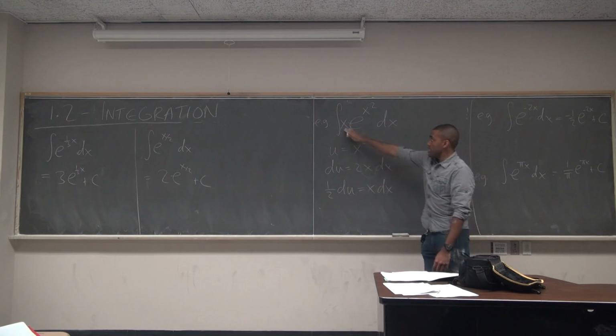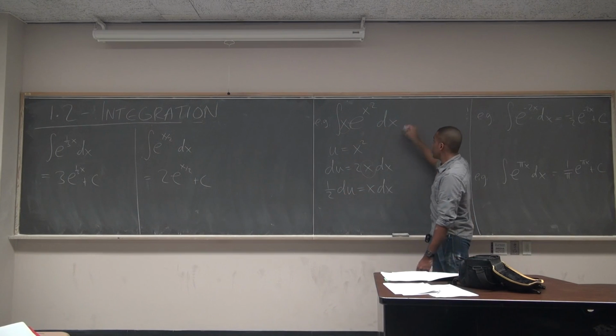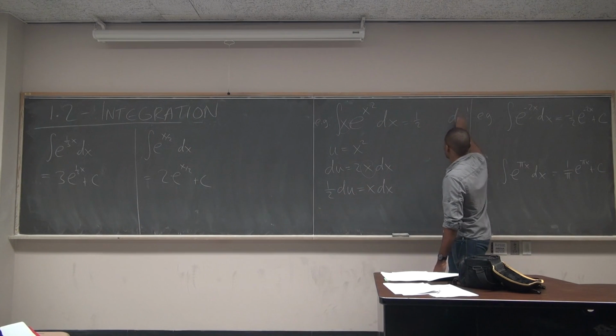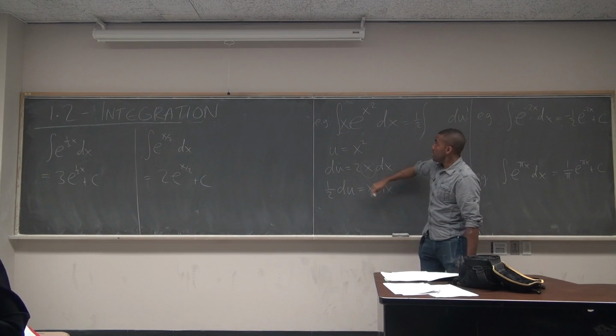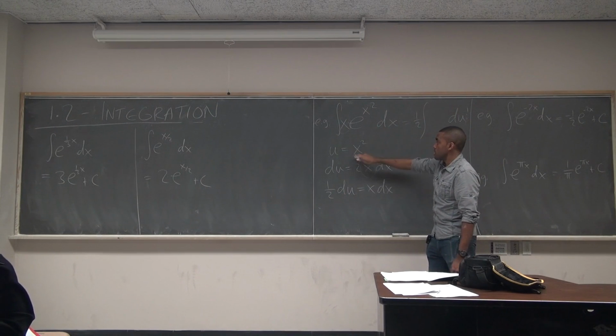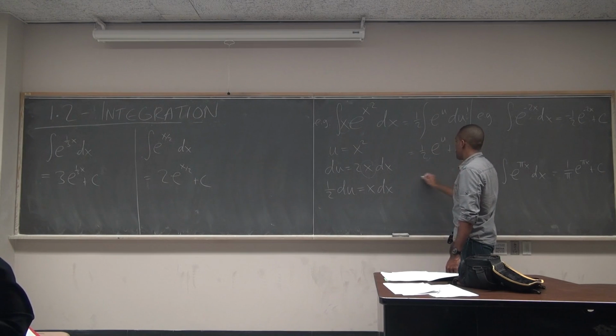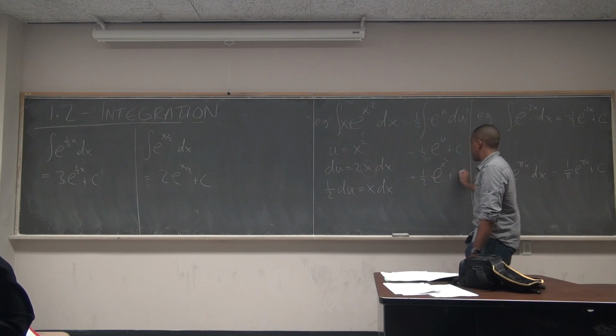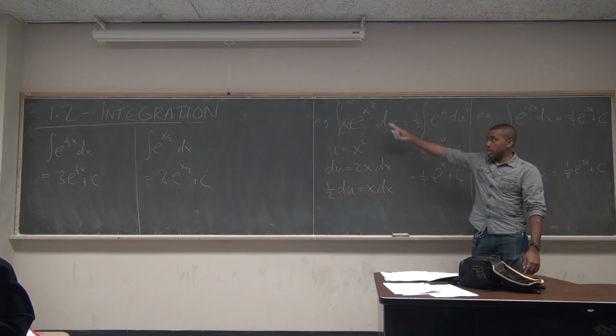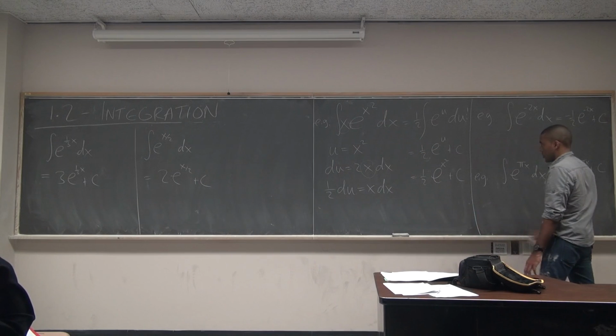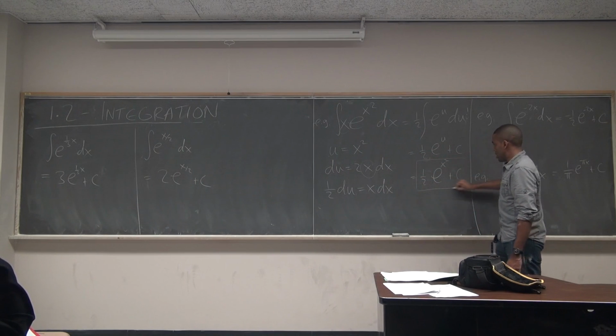So it means I can replace x dx with 1/2 du. And then my e to the x squared becomes e to the u, because my u is x squared. So this becomes 1/2 e to the u plus c, and my u is actually x squared. If you differentiate this, you get that. So that would be the answer.